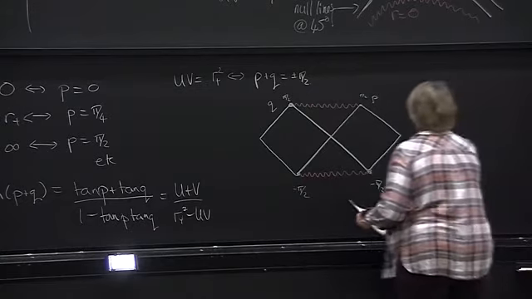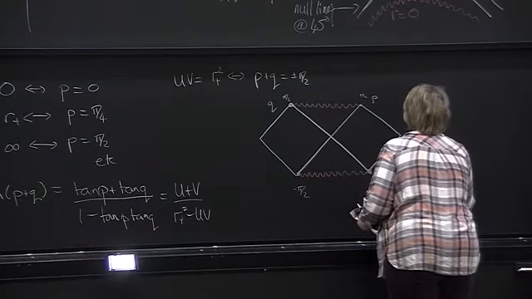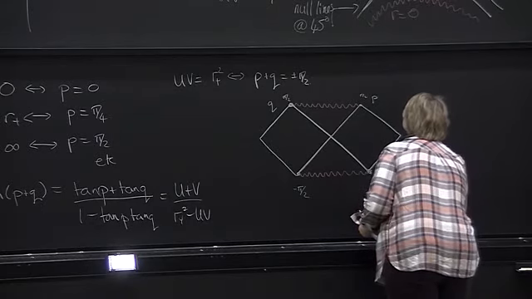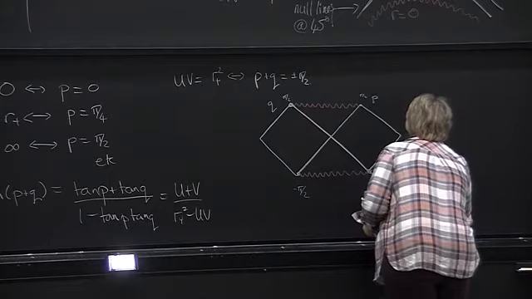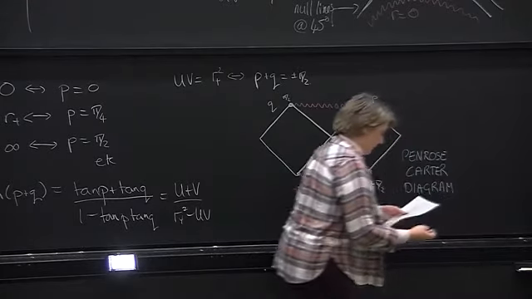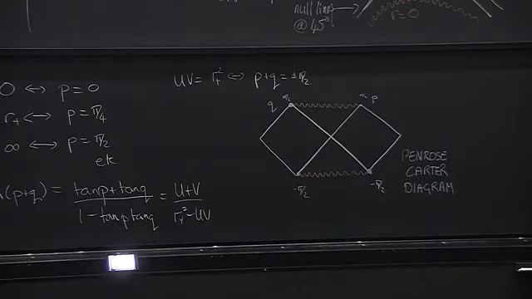So this is our Penrose-Carter diagram. Usually we just call it the Penrose diagram. Poor Brandon Carter just gets dropped off most of the time. The reason why I'm not sure, it's probably lost in the mists of time. I should ask more.